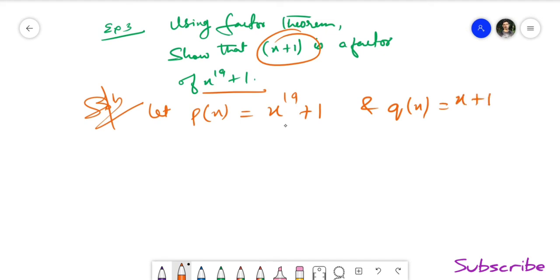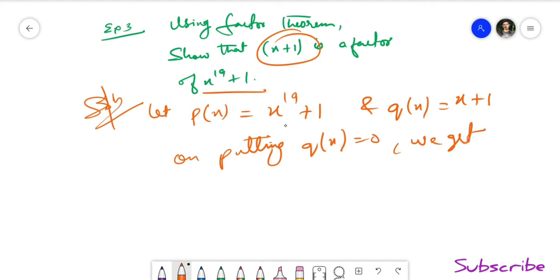Okay. So, as this says, this is the factor of this, and we know that if this is the factor of this, then we'll get 0 only. So, on putting q of x equal to 0, because this is the factor, na? We have done that theorem. So x plus 1, and we'll take 0, okay. And then we can get the value of x. 1 will go on the side and it will become minus 1.